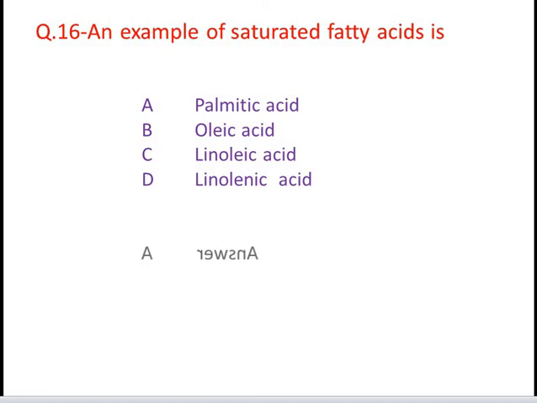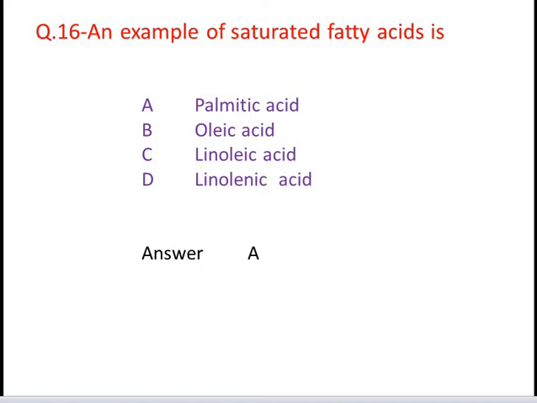All others are unsaturated fatty acids. Saturated fatty acids are the fatty acids which possess only single bonds in the fatty acid chain, whereas unsaturated fatty acids possess double or triple bonds in the fatty acid chain. Palmitic acid possesses only single bonds and is made up of 16 carbon atoms.